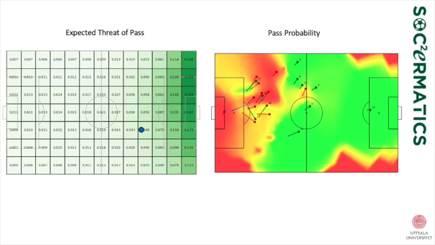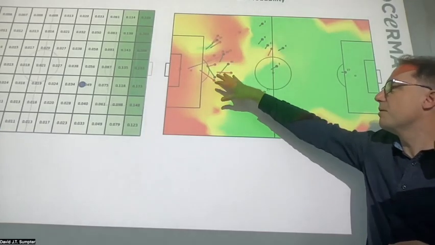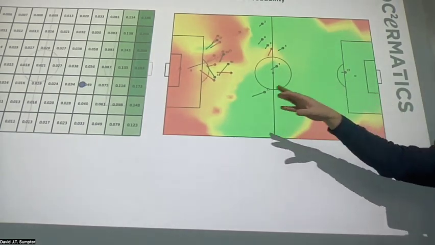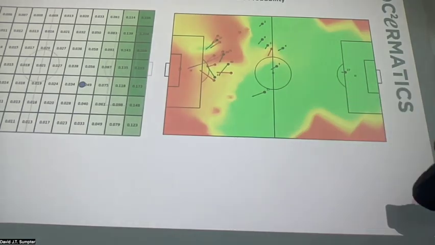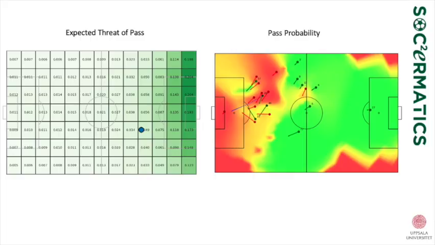So here is the pass probability thing. Here is our expected threat. Now, there's a little complicated thing here, but we've always gone left to right in expected threat. When we're plotting an opportunity, it's a little bit easier to plot it in the direction of the play.